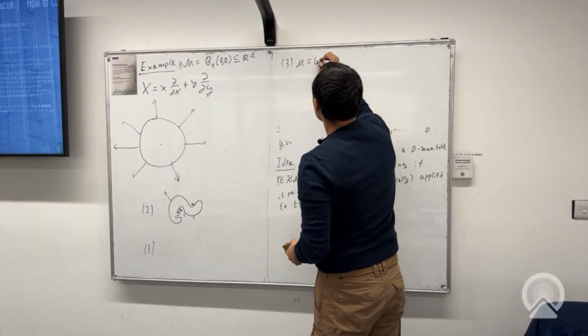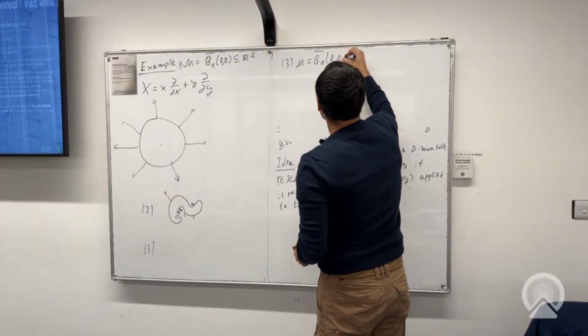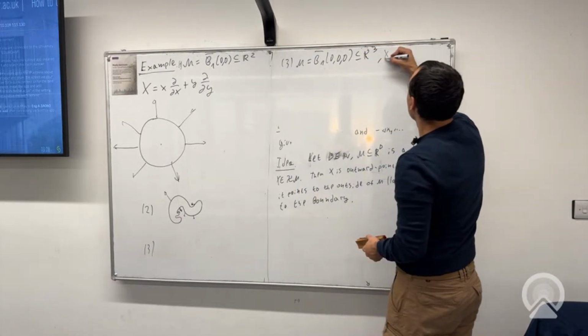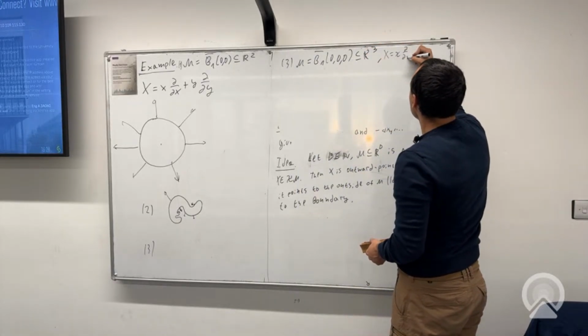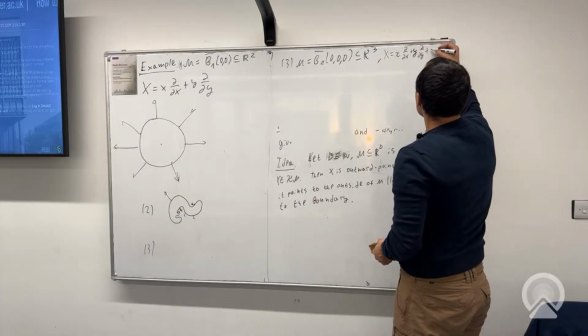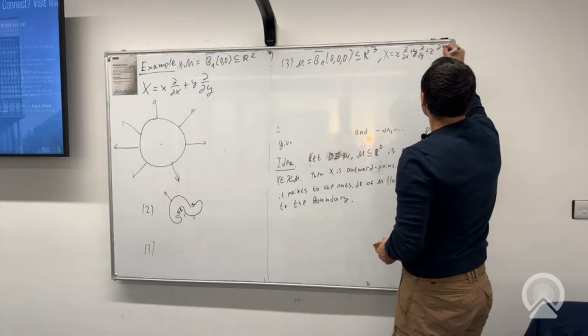M is B1 of R3, and again X is x d/dx plus y d/dy plus z d/dz.